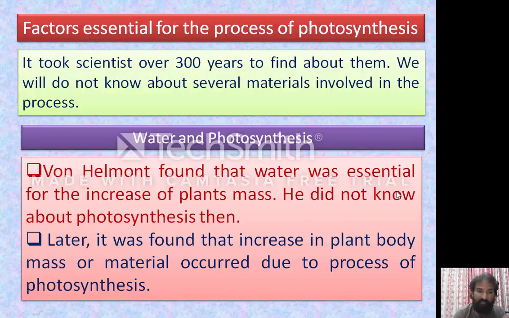There are other factors also involved. What is the factor? Carbon dioxide. Along with water, carbon dioxide is also involved in photosynthesis. This carbon dioxide is helpful for increasing plant mass. That was later identified by other scientists.